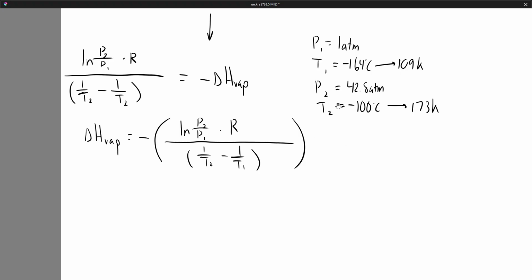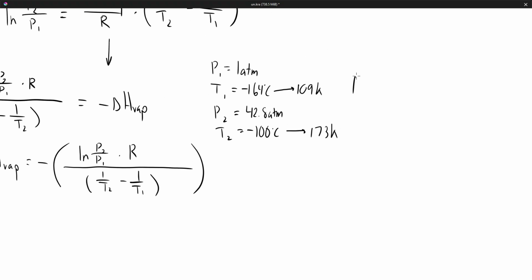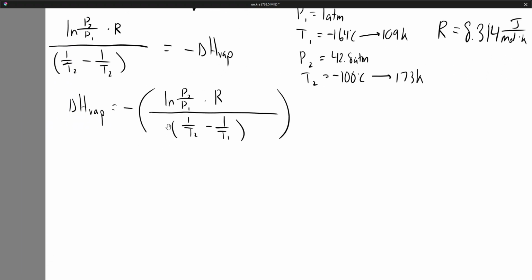So now we plug everything in. Oh, we gotta say, but our R is 8.314 joules over moles times degrees Kelvin. So with this, you plug everything into this equation.